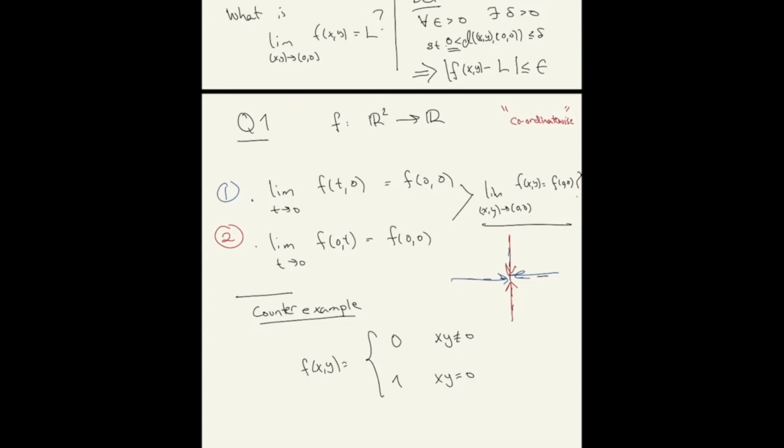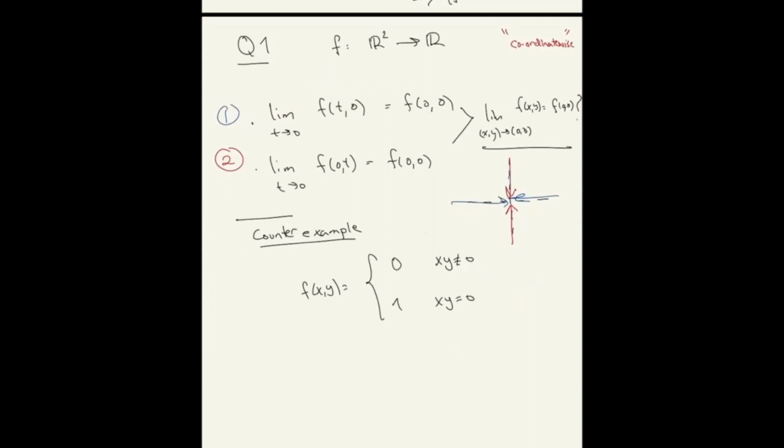Well, the answer is no. And the reason is that the other directions are not controlled. You can approach along the axes and the function will approach that function value, but if you approach from any other direction, then you get a different value.